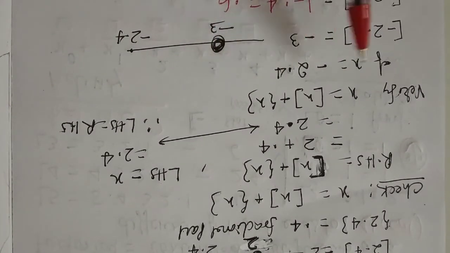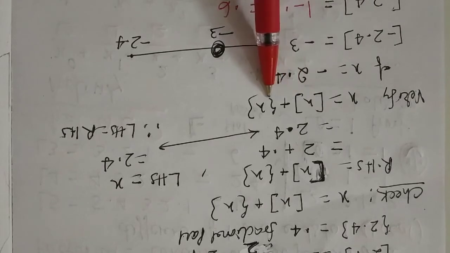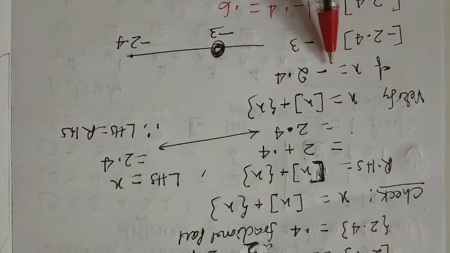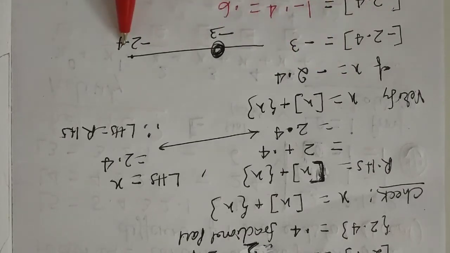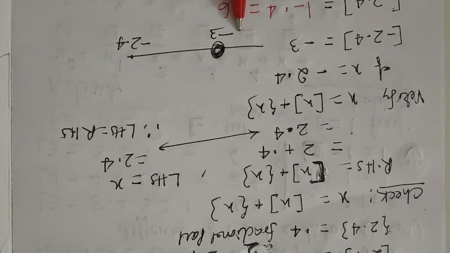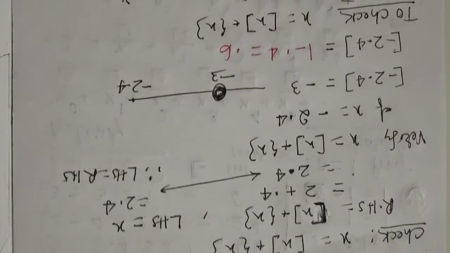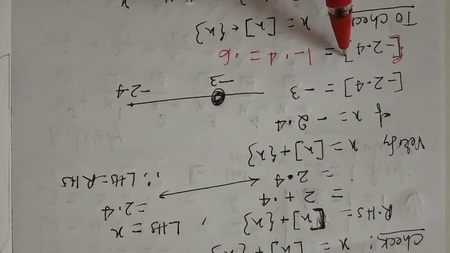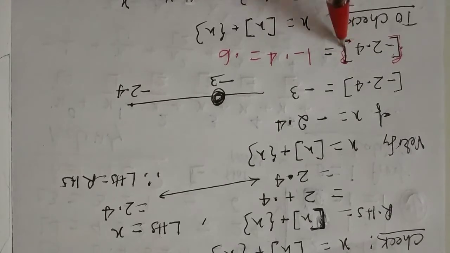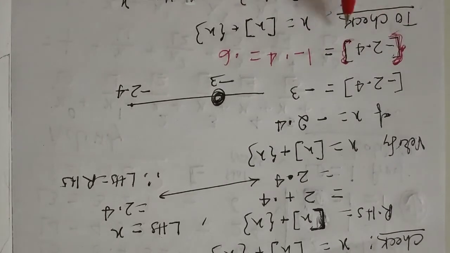Taking one more example to verify this. If x is equal to minus 2.4, in case of a negative number, the integer to the left of minus 2.4 is minus 3. So the greatest integer of minus 2.4 is minus 3. Now the fractional part is 1 minus 0.4, which is 0.6.